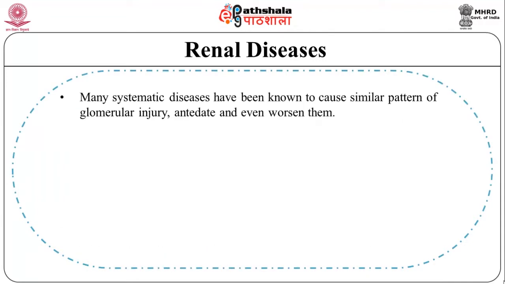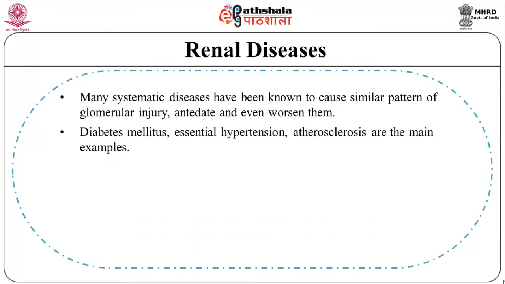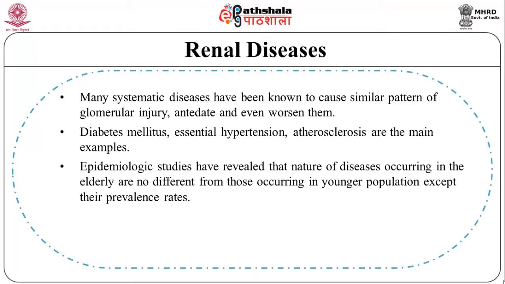Many systemic diseases have been known to cause a similar pattern of glomerular injury, antedate and even worsen them. Diabetes mellitus, essential hypertension and atherosclerosis are the main examples. Epidemiological studies have revealed that the nature of disease occurring in the elderly is no different from that occurring in the younger population except for the prevalence rate.